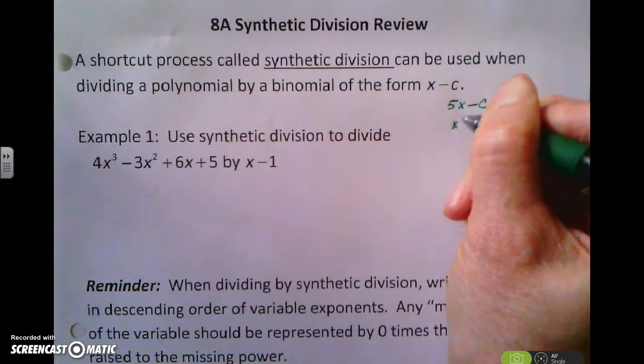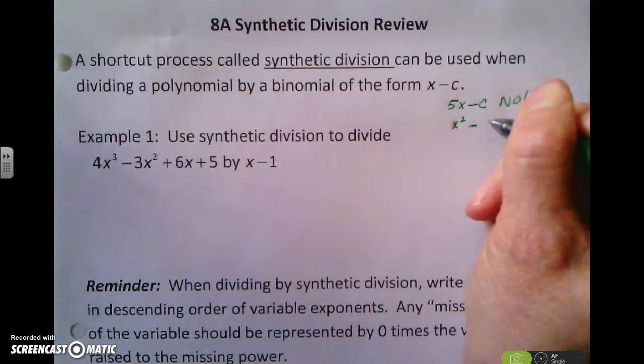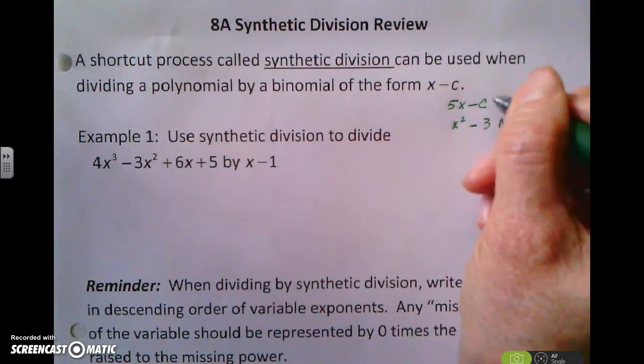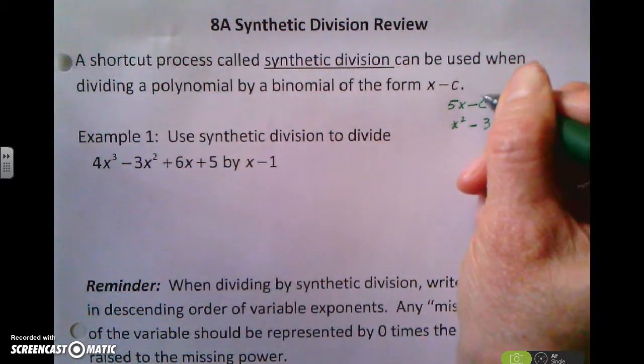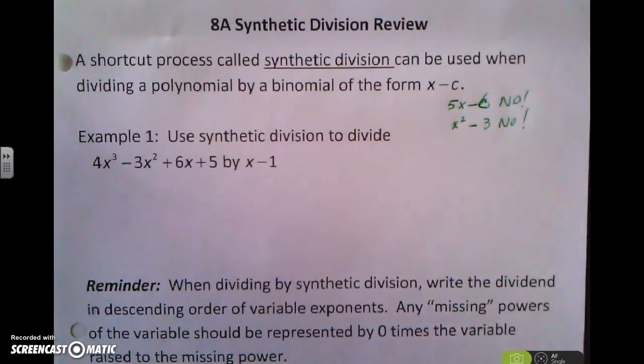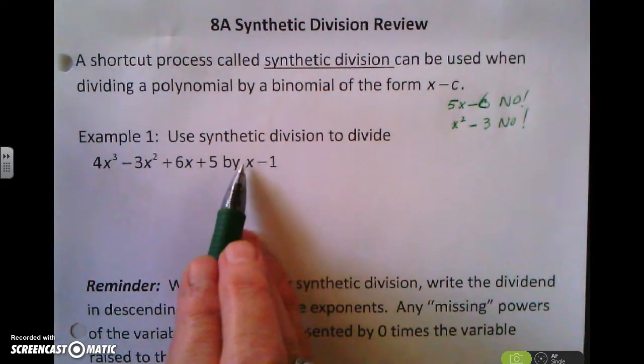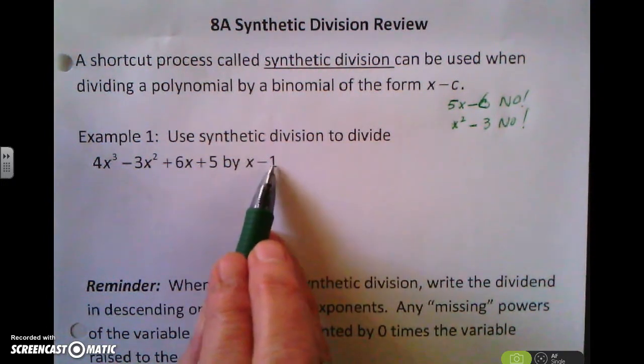Or if I had x squared minus a number like 3, no, I cannot use it. Let's make this a 6. So 5x minus 6, so it's like a number. No. X squared minus 3, no. It only works for something simple like x, no coefficient, minus a number.